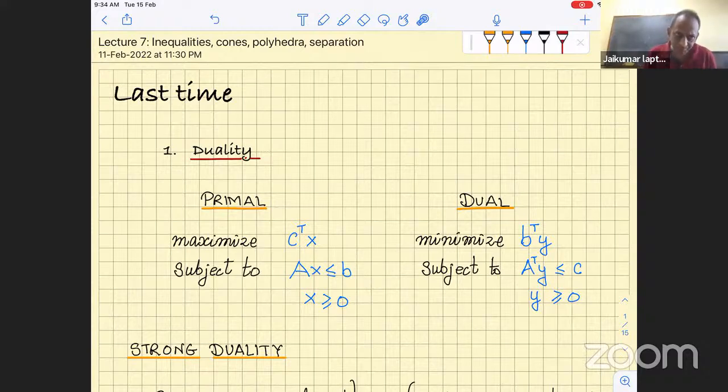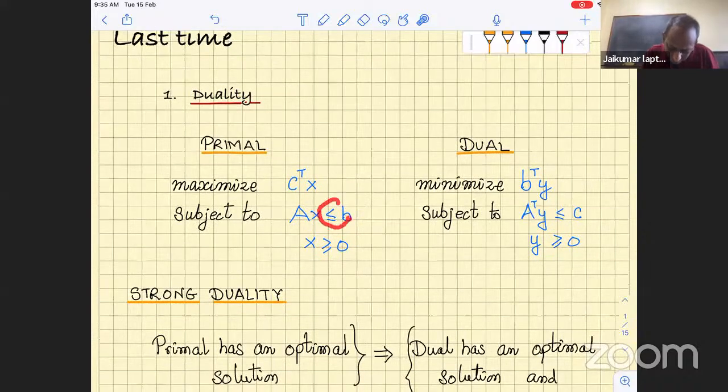Last time we were talking about duality, and I mentioned a way of deriving the strong duality theorem: when the primal has an optimal solution, then the dual also has an optimal solution, and they actually match. We derived this theorem using the simplex method, but for a particular kind of LP that was already in equational form.